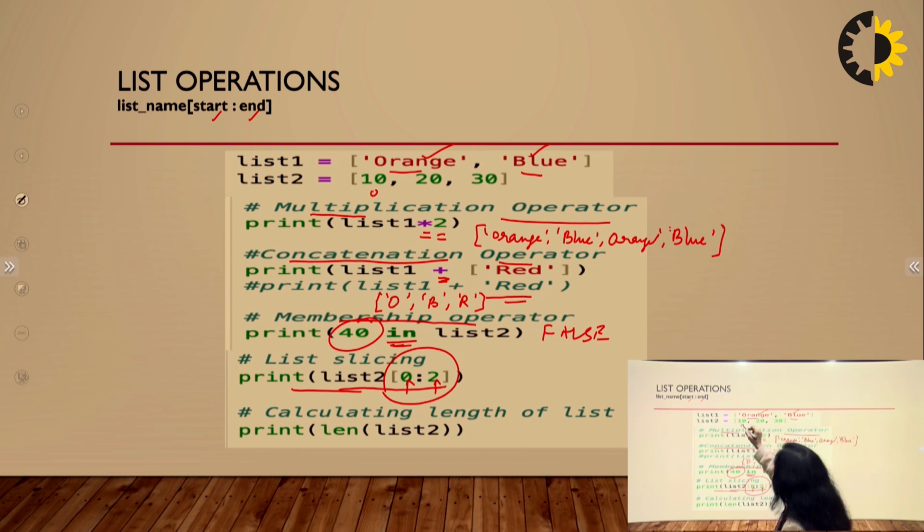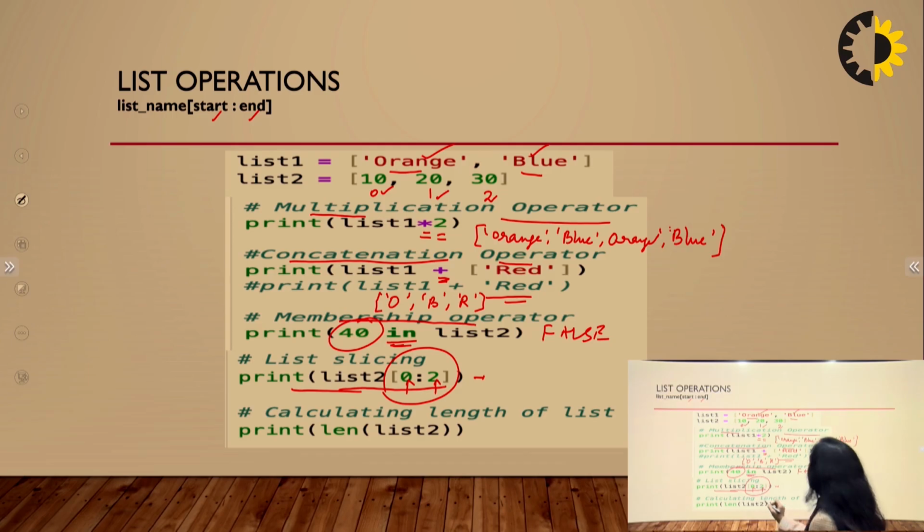Let me write the index here, 0, 1 and 2. Okay. So it's asking to get sliced from 0, that means the value 10, to 2, that means before the value 2, that is 20. So it will return 10 and 20.